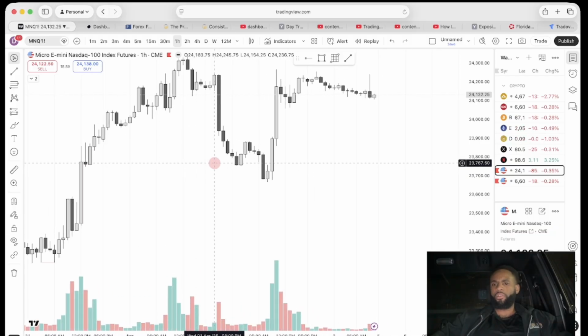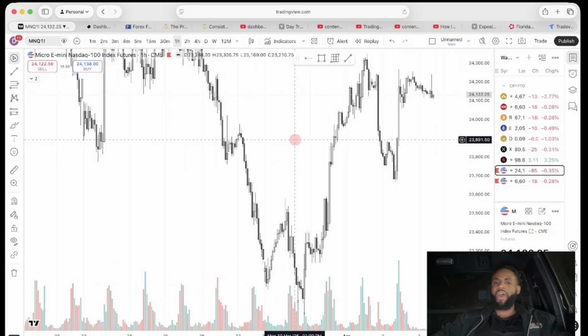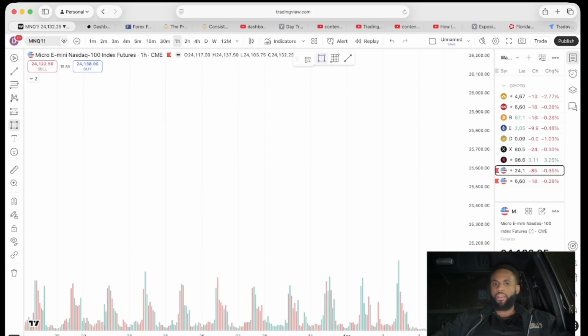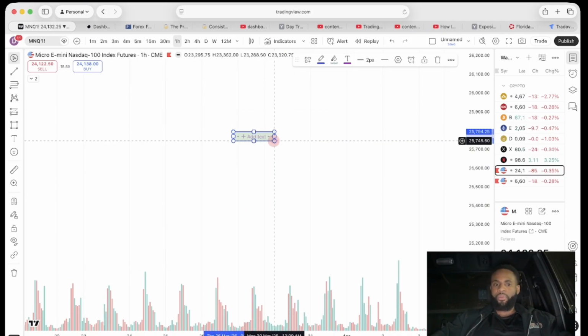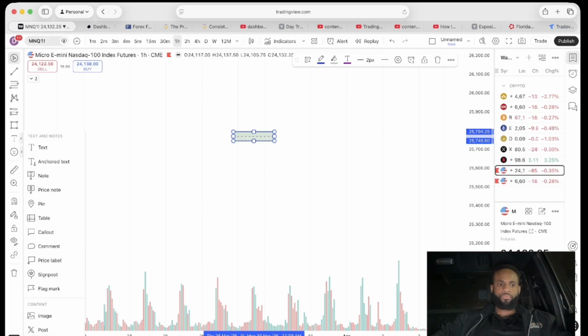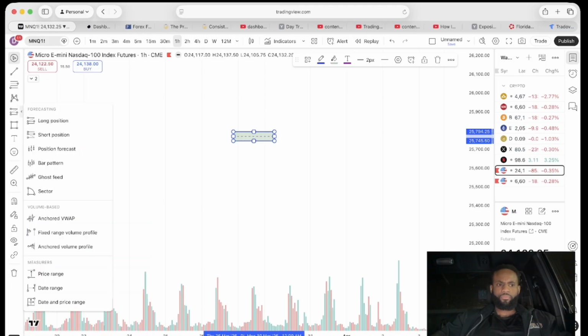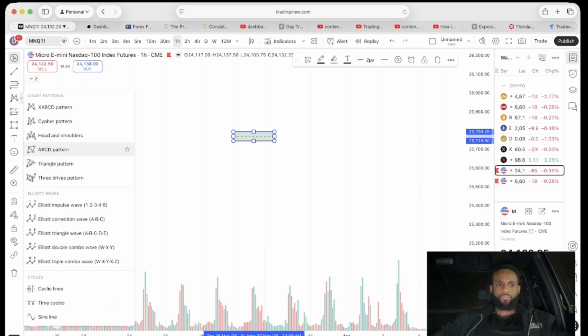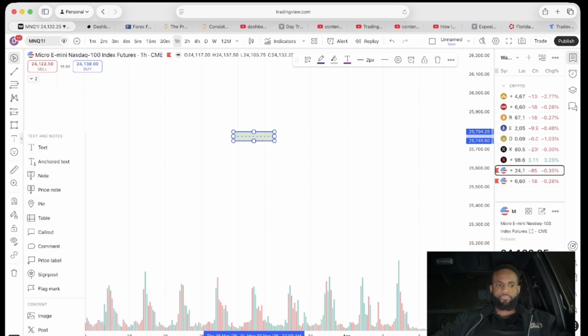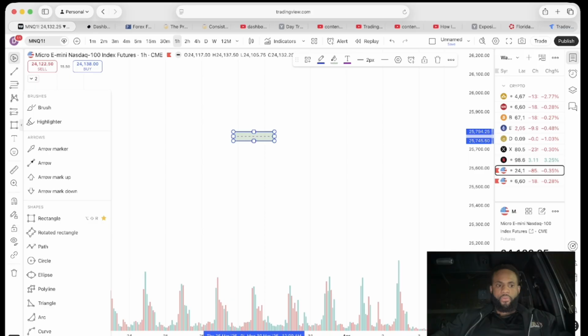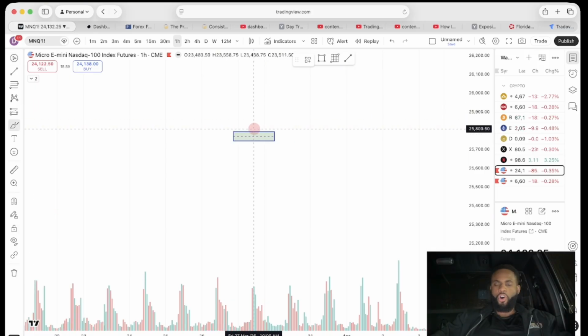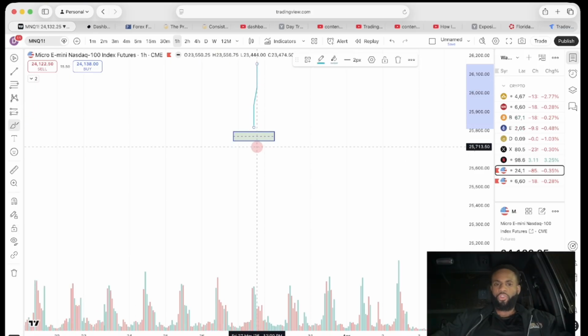A doji candle is when you have a tiny body, but you have long wicks. Sorry. So this is a doji candle.